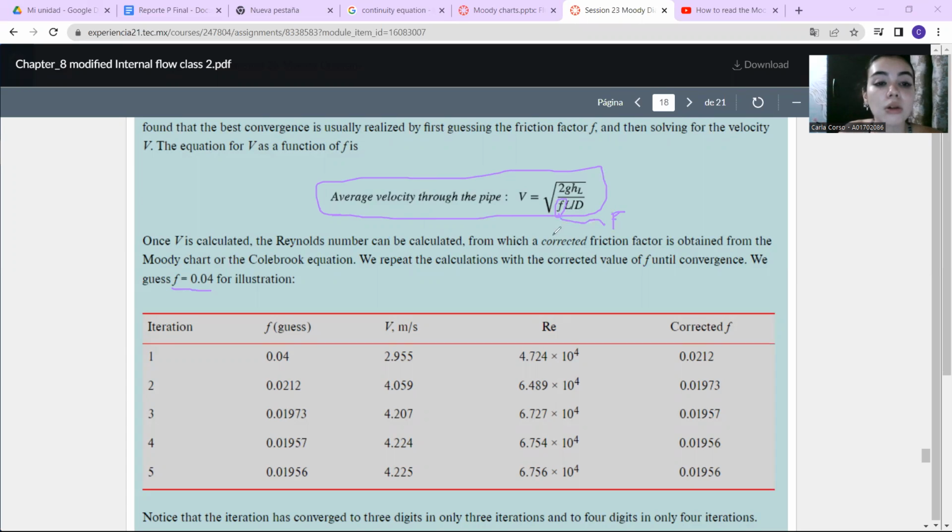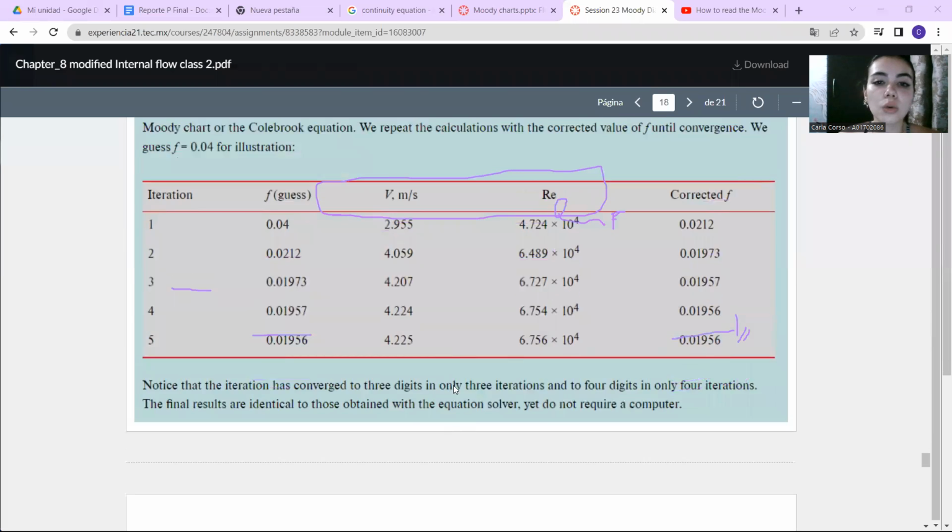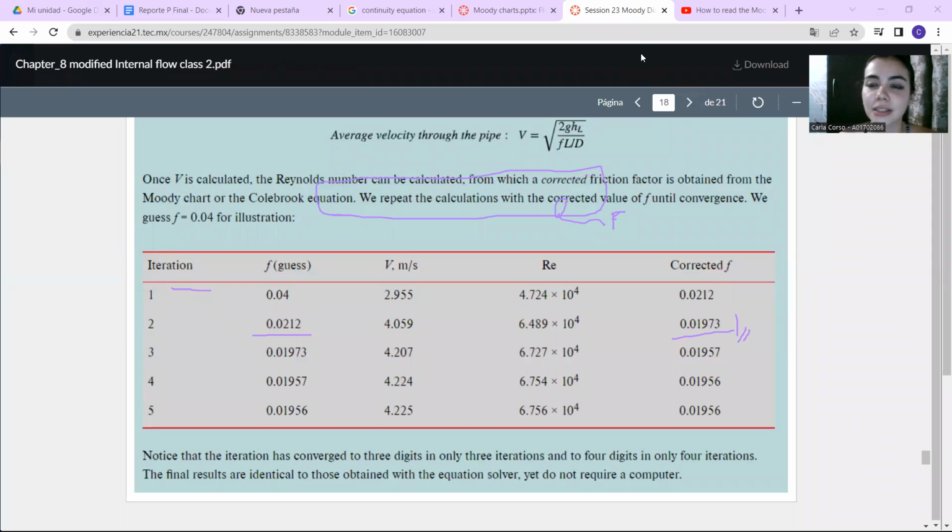And this is the guess we made, 0.04 for this example. So we are going to start iterating the friction factor guess until we converge this number with the correct friction factor given the iterations.